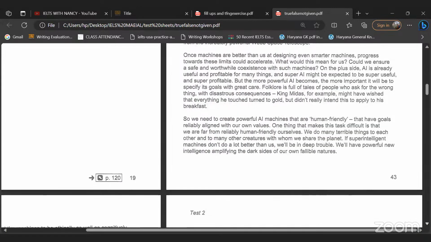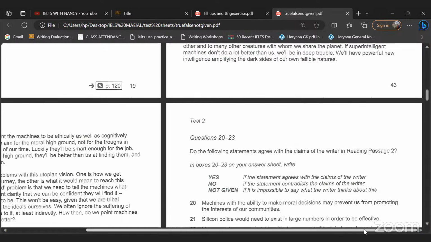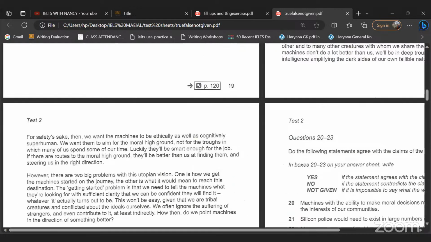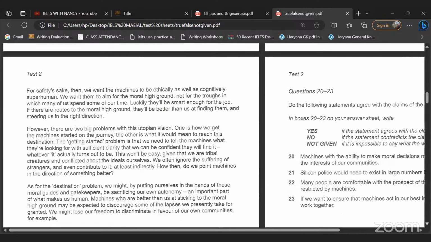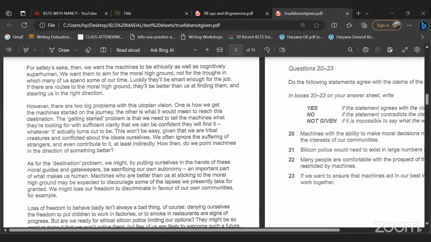No. Last paragraph, machine, human friendly, super intelligent, moral decisions. If we read out here, safety, ethically cognitive, moral decisions, no. Moral high ground, yeah, it is given here, moral high ground.